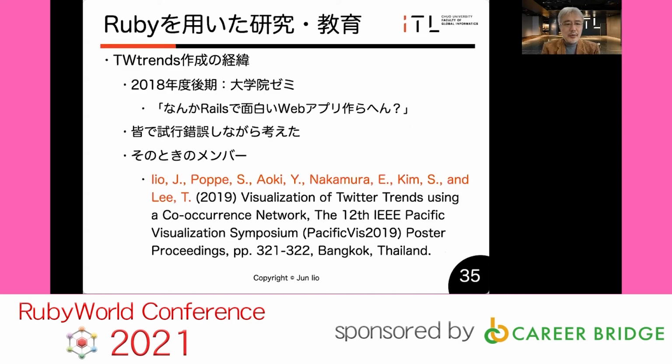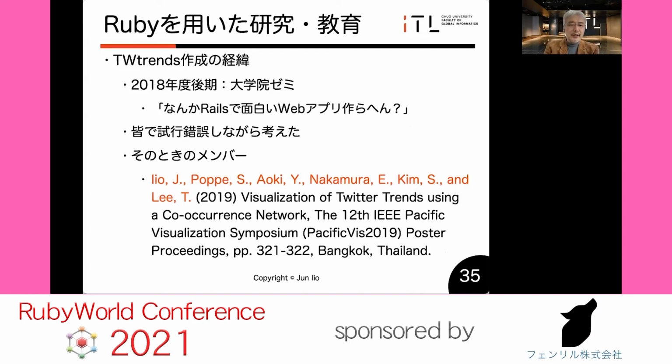Lastly, I'd like to introduce some other background and why we use Ruby to create TW trends. In 2018, at the postgrad seminar, somebody said, why don't we create an interesting web application using Rails? And then we discussed and created the prototype.